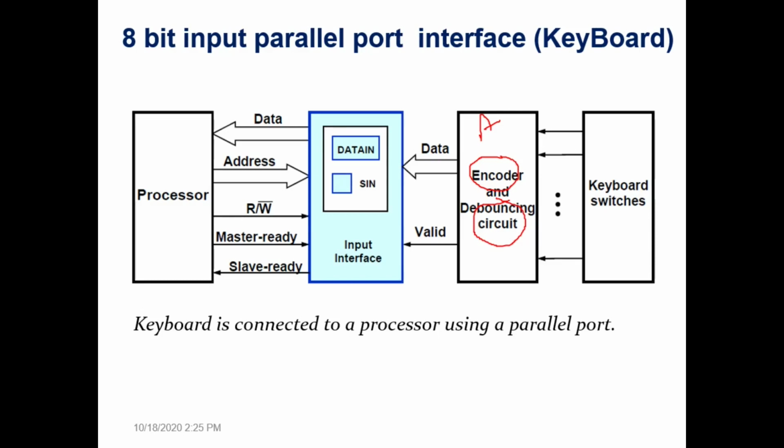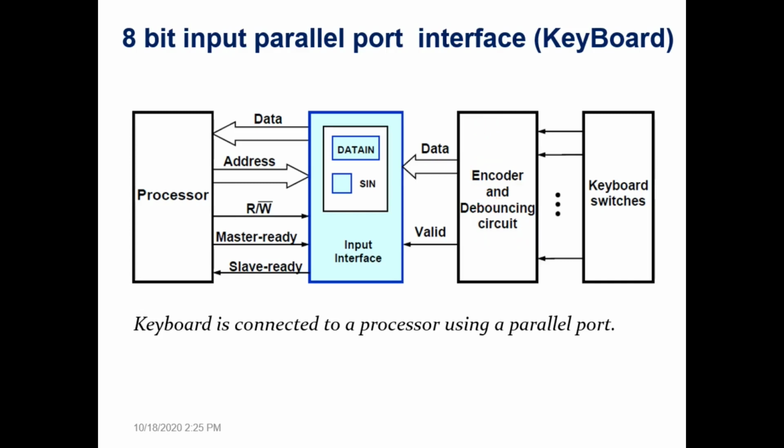So the time duration in which you press and release a key feels like a very long time to the processor. The processor thinks that you are continuously pressing the key, and tries to read multiple times. To avoid this situation, there is a debouncing circuit. Though the key is pressed for a short time, for the processor it is very long because the processor is very fast, but the debouncing circuit ensures that the processor reads only once.